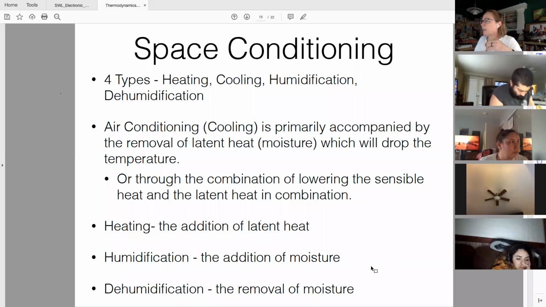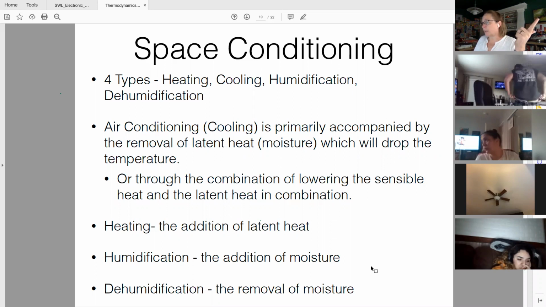So there's 4 types of space conditioning. There's heating, cooling. Okay, that's directly dealing with sensible heat. It's either adding or removing heat energy. There's humidification and dehumidification. Those are the ones that start to address the latent heat content, either adding moisture or taking moisture away.